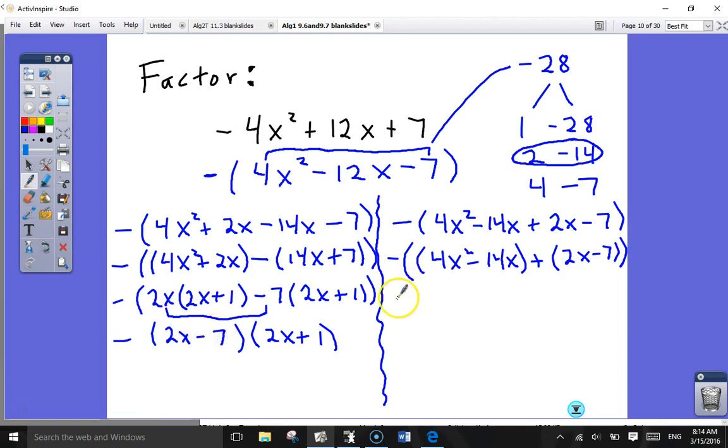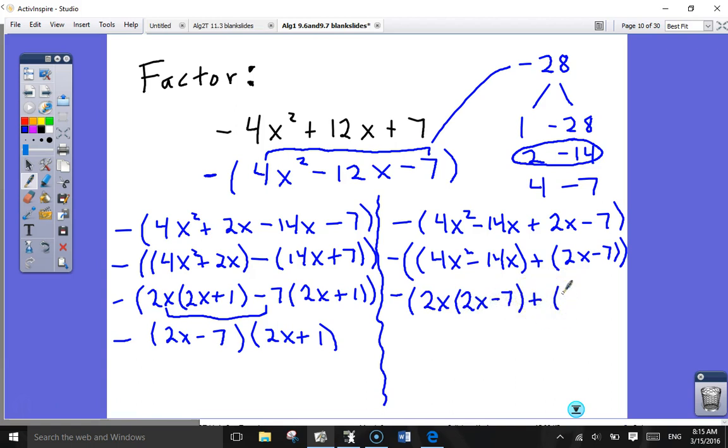Now, if I did it on the right, I have fewer issues with the flipping and all that. The greatest common factor between 4x squared and minus 14x is 2x. And what's left in the parentheses? 2x minus 7, plus.